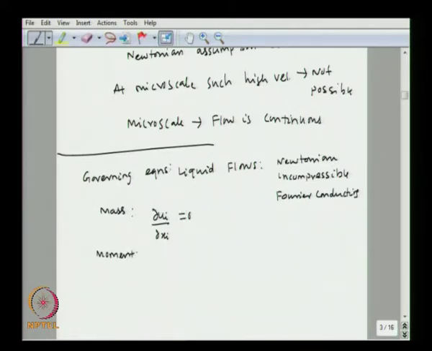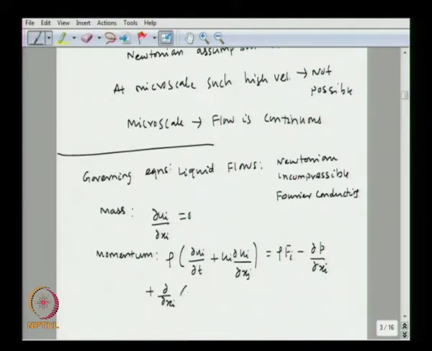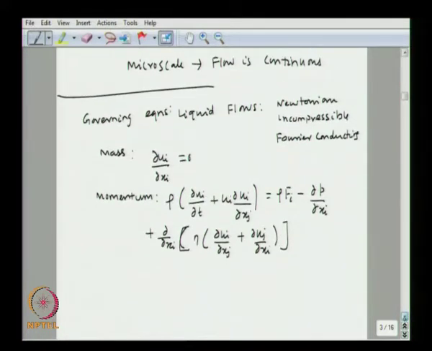The momentum equation will be rho into del ui over del t plus ui del ui over del xj, equal to rho into Fi minus del P over del xi plus del over del xi into eta, where eta is the viscosity, times del ui over del xj plus del uj over del xi. Okay. So, that is the momentum equation.